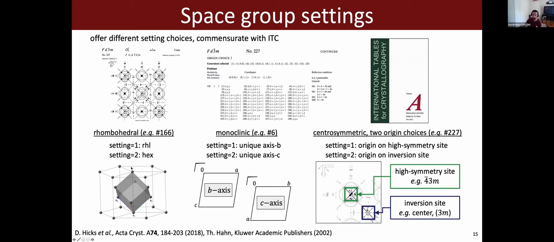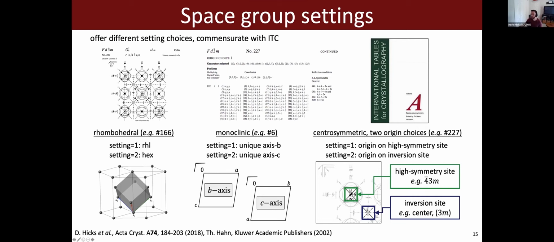Or if you want it in the rhombohedral setting, which is this gray inset, you can represent it in this representation as well. And so again, you can represent the Wyckoff positions in these different ways. Same with the monoclinic systems. There are 2 conventions known as the unique axis B and C, so basically how you label the axis or the axes. So again, we can toggle between that with AFLOW.